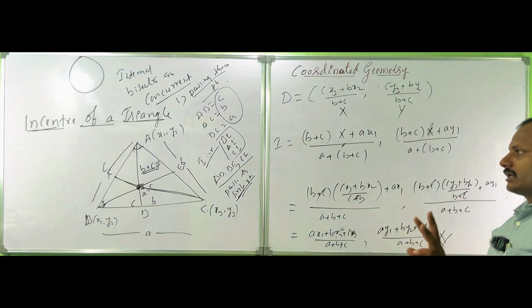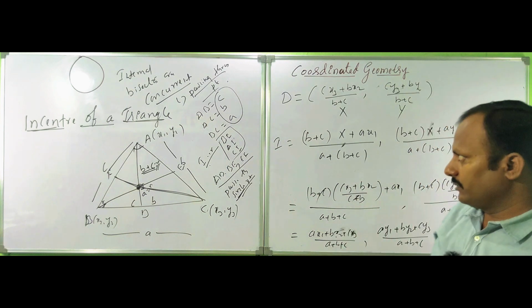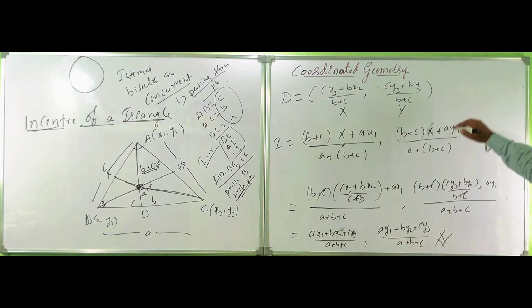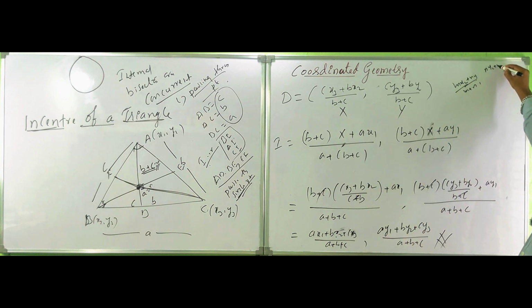Second one, internal bisector and the ratio formula. Second one is the section formula: mx2 plus nx1 divided by m plus n, and my2 plus ny1 divided by m plus n.